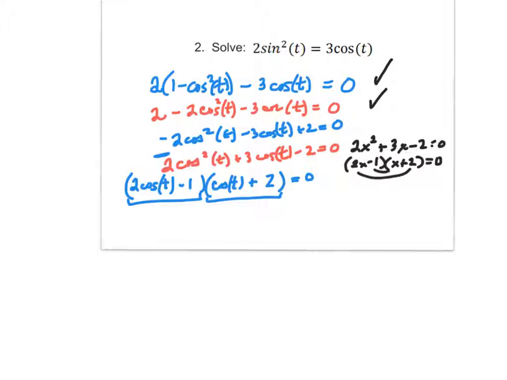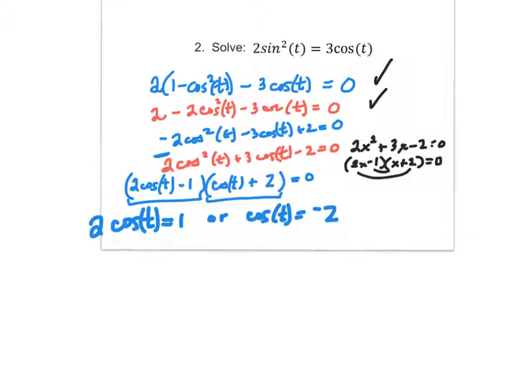Okay, so let's finish our solution to number 2. So really all we're going to do here is we're going to take each of these factors, and I'm going to say 2 cosine of t, I'm going to go ahead and add 1 to each side, is equal to 1, or cosine of t, subtract 2 from both sides, is equal to -2.